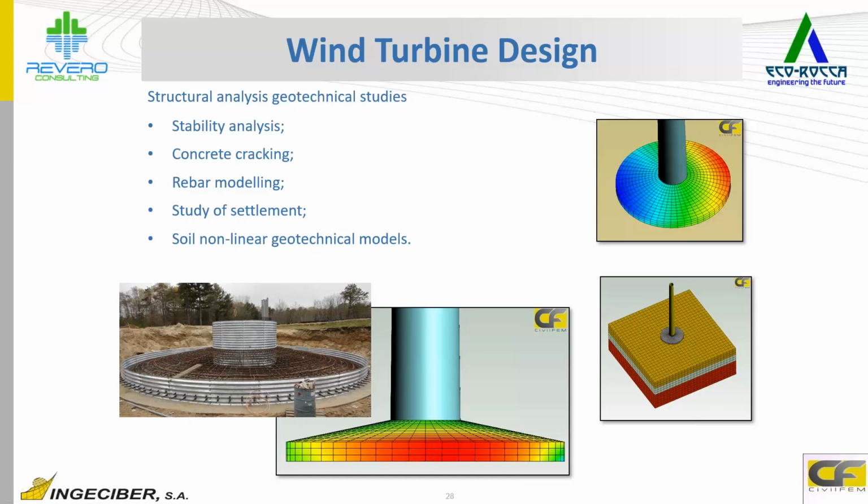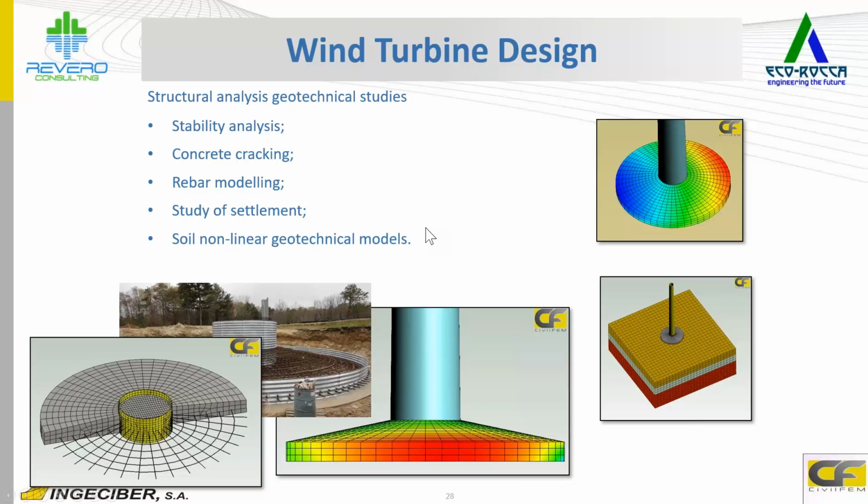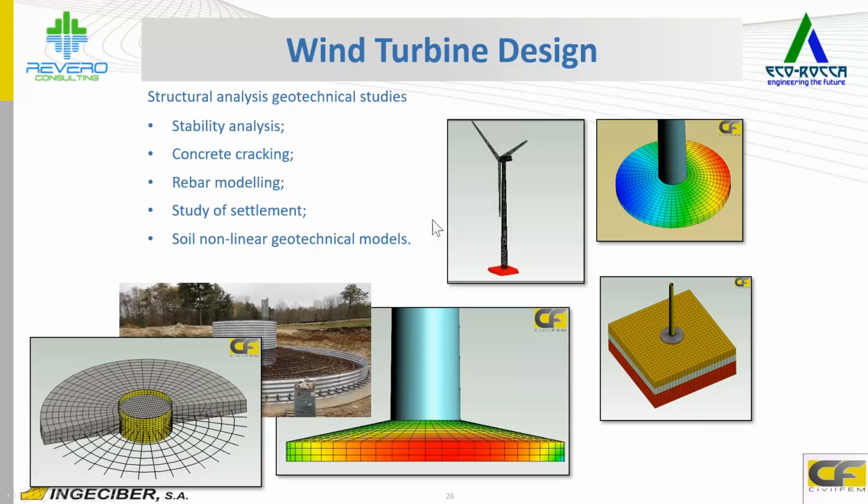What we need to do is to check if the structure is stable. We need to check the concrete for cracking. We need to do the rebar of the reinforced concrete to see the settlements and to see how in general the model behaves. We have the mesh here and you can see the various parts of this model. And we have the wind turbine at the end of the model, applying the dynamic loads given by the wind.